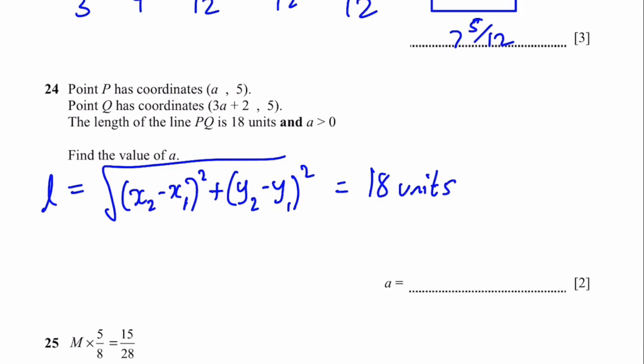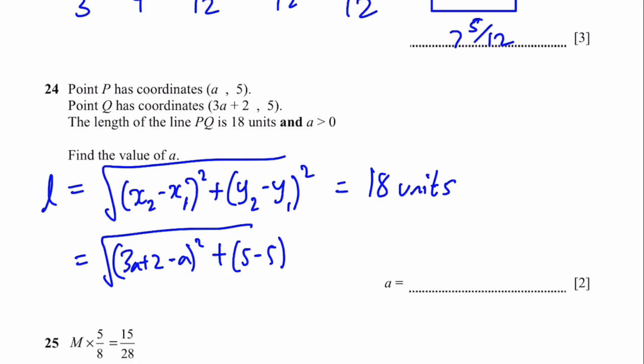So that means we can just substitute x1 and y1 are a and 5, and then x2 will be 3a plus 2, y2 is 5. So you can write this as square root of 3a plus 2 minus a whole squared plus 5 minus 5 the whole squared. That's equal to square root of, because 5 minus 5 the whole squared is simply 0 squared, which is equal to 0.